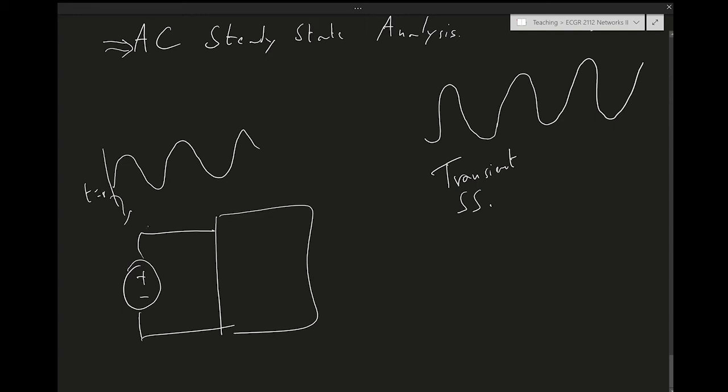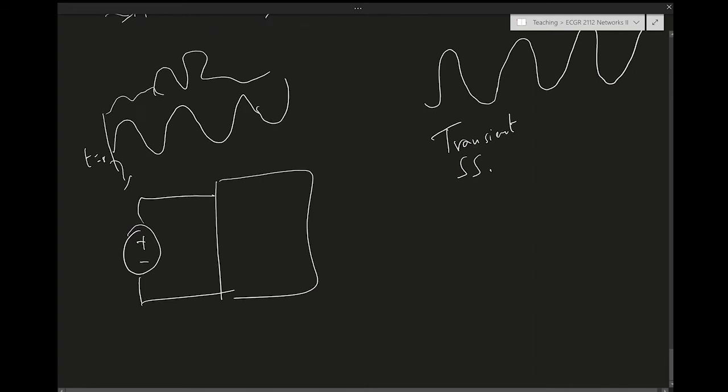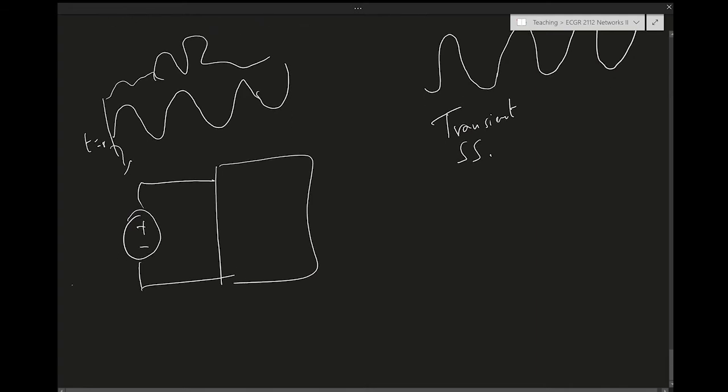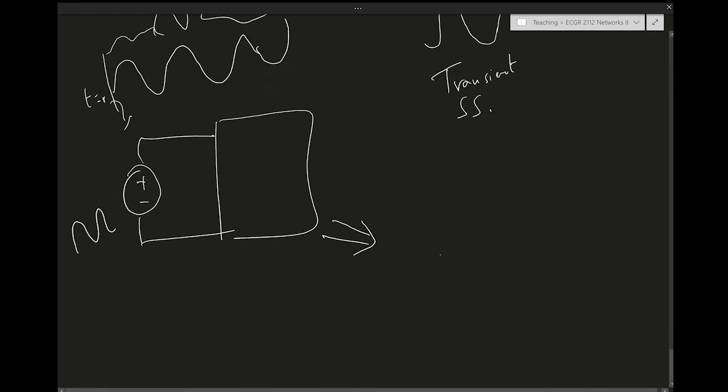How will the response settle and change until it reaches steady state? I'll be mostly concerned with what happens at steady state. If I take this circuit and I apply a sinusoidal source to it, and I let it be for a long time, what kind of response will it settle to? Right? What would be the response to this sinusoidal input at steady state?